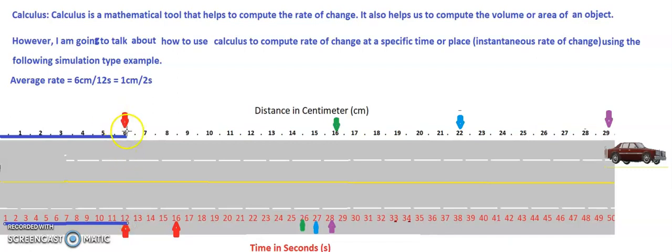So 6 is the distance and the 12 is the time. So 6 centimeter in 12 seconds. That's average.